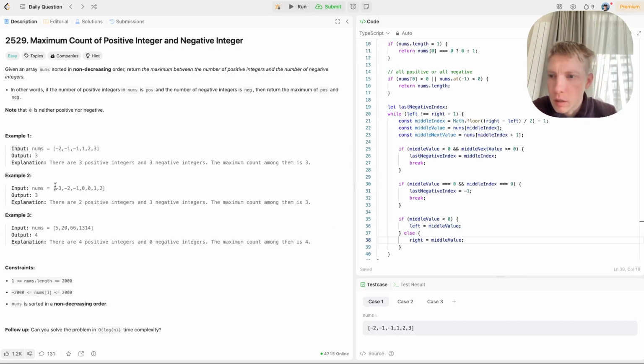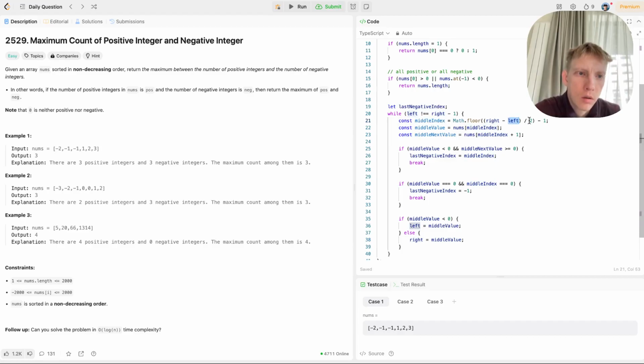How will it work in this case? For example, length is 6, 0 not equal to 5, middle index would be 6 minus 0 divided by 2, 3, minus 1, 2. 0, 1, 2.